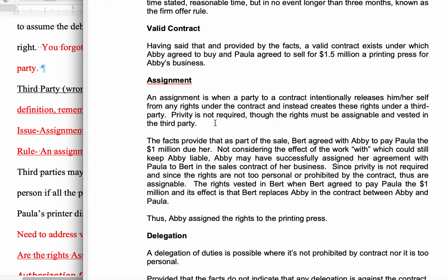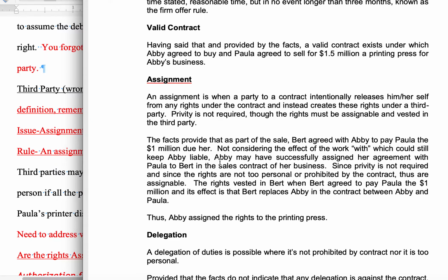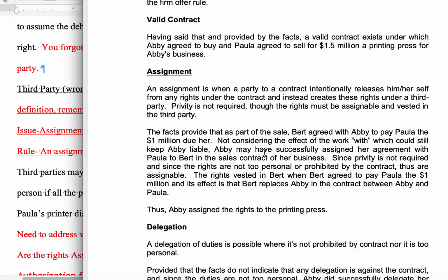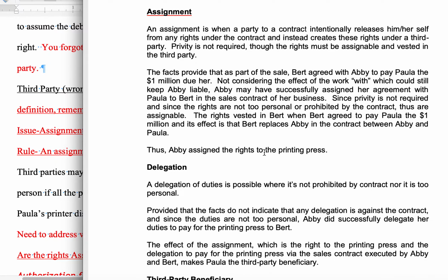And they're saying the facts provide that as part of the sale, Bert agreed with Abby to pay Paula the $1 million due her. So he did do that, not considering the effect of the work, which could still keep Abby liable.